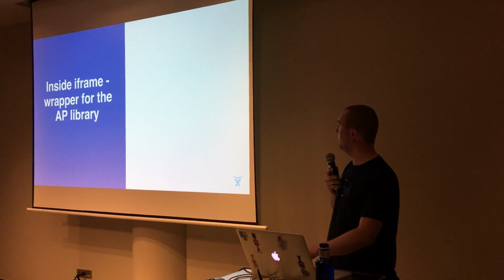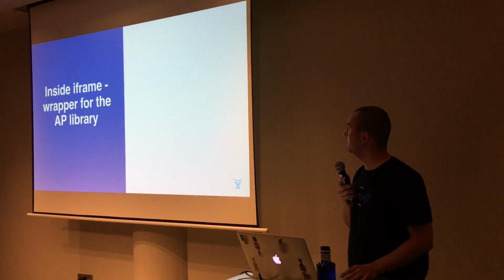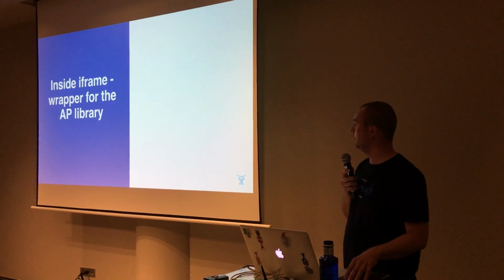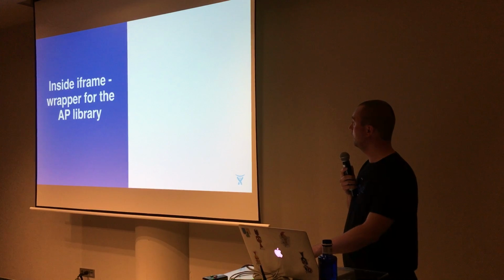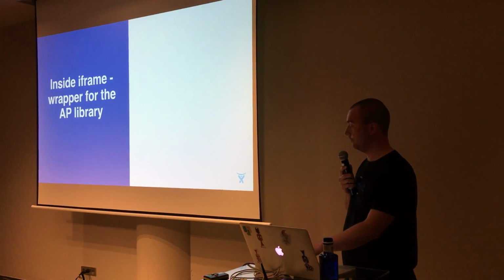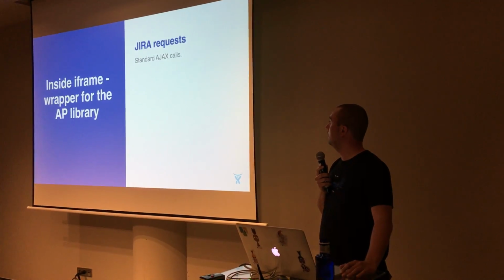Inside an iframe, we have a wrapper for the AP library, because in Connect there is an AP library that gives you some functionalities, and we have to emulate them for JIRA Server, implementing them from scratch. First of all, JIRA requests.